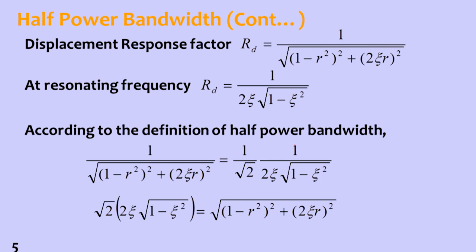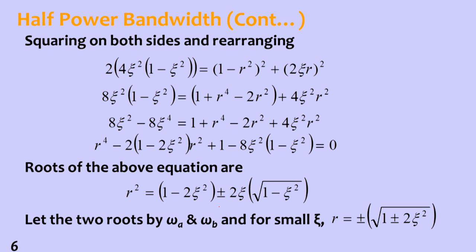If we equate this and simplify, finally we will get r square as 1 minus 2 zeta square plus or minus 2 zeta under root 1 minus zeta square. If we take the roots of this, we will get r equal to plus or minus under root 1 plus or minus 2 zeta square.